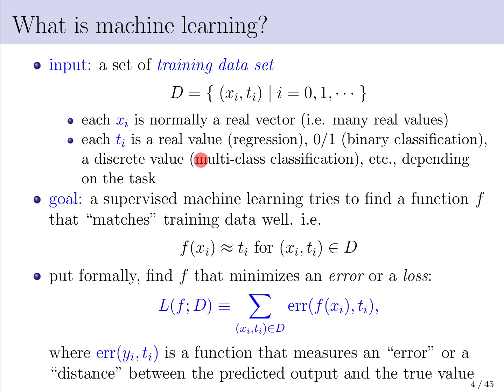And the goal of supervised machine learning is to find a function f that matches this training data very well. That is, the function you want to obtain is a function such that for each input xi, the output value of this function is in some way close to the given true output for this xi.